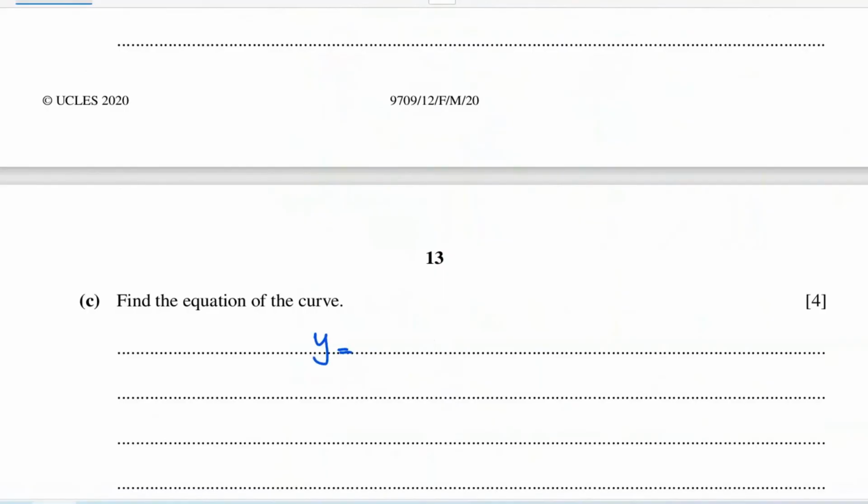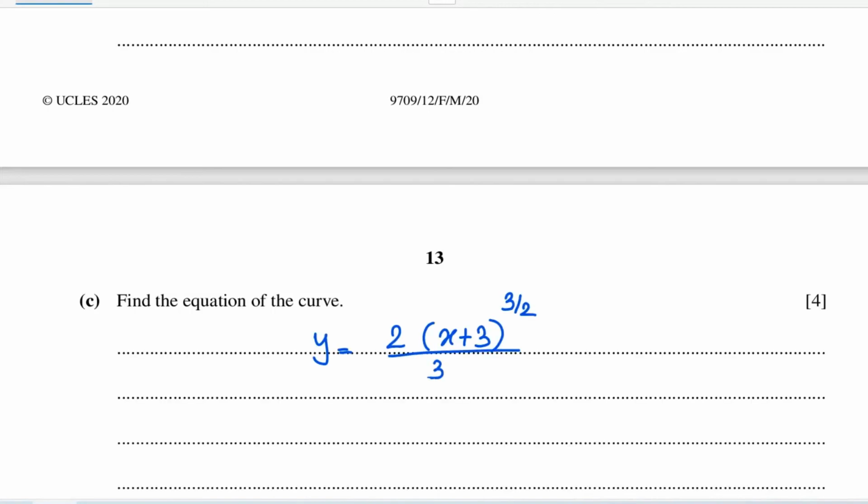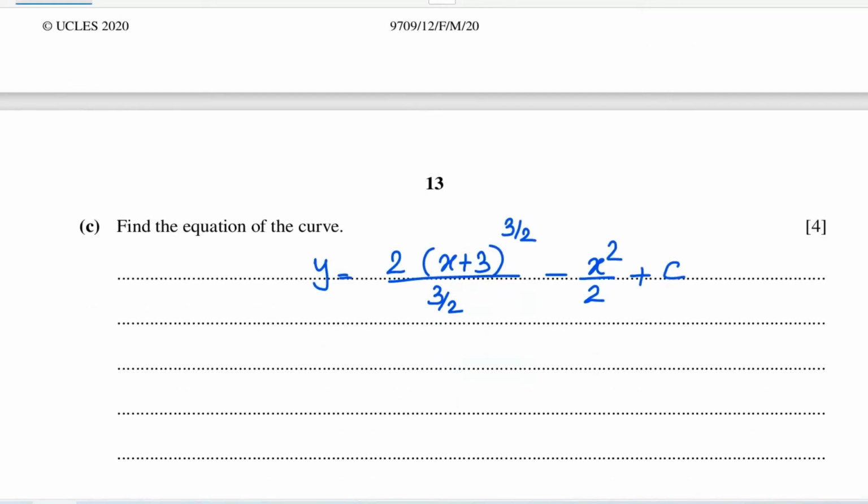So y is equal to 2 multiplied by x plus 3, power is 3/2 divided by 3/2, minus x square divided by 2 plus c. So to find the value of c, we will substitute the point 6, 14.